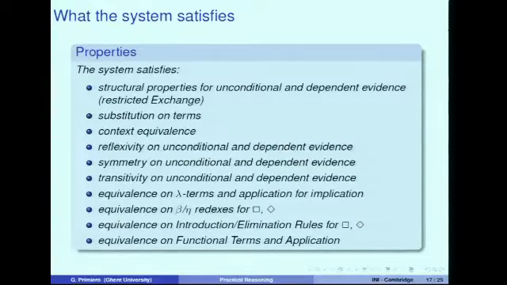There is only a restricted version of exchange, because when you look at exchange in the set of true assumptions, you cannot simply mix up the order there. So you will have a restricted form of exchange that holds only for valid assumptions, where the rest of the structural properties are entirely fine for both unconditional and dependent assumptions.